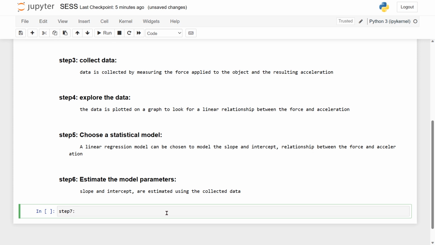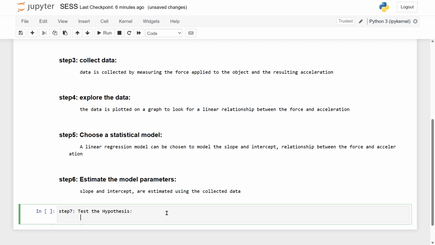The hypothesis that the force applied to an object is directly proportional to its acceleration can be tested by checking if the estimated slope of the linear regression model is significantly different from 0 or not.